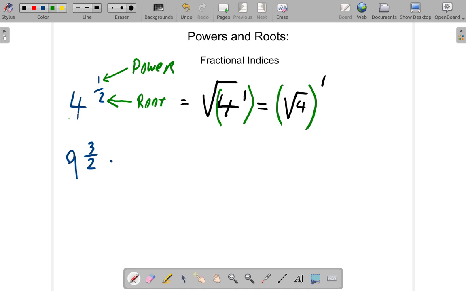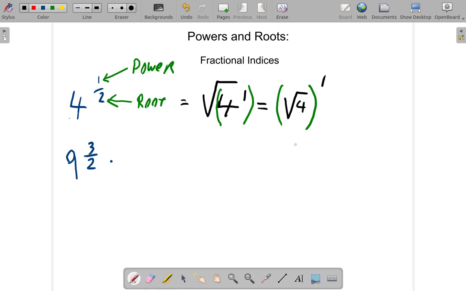Now, 4 to the power of 1 is what? It's 4. So what we really are going to be finding is the square root of 4, which is 2. Now, let us look what happened if we work this out the other way.